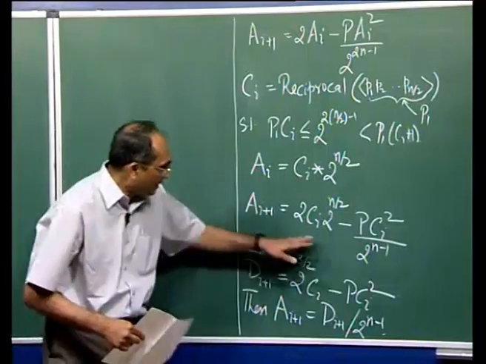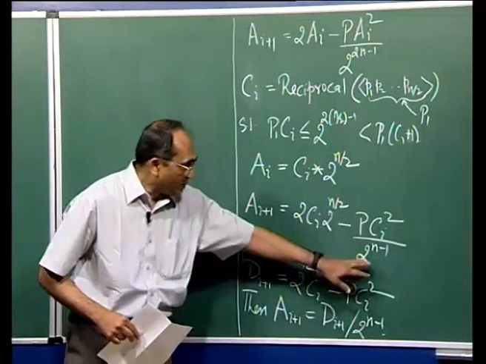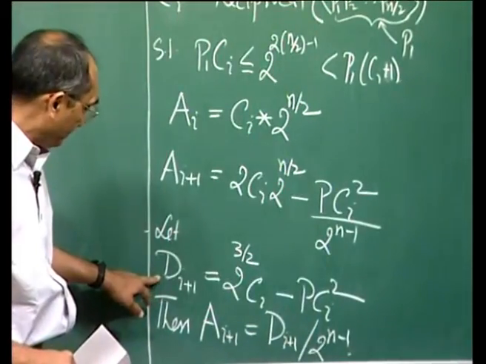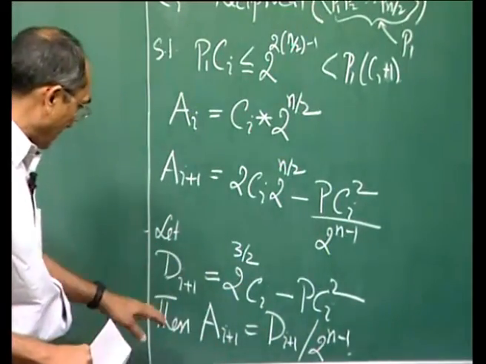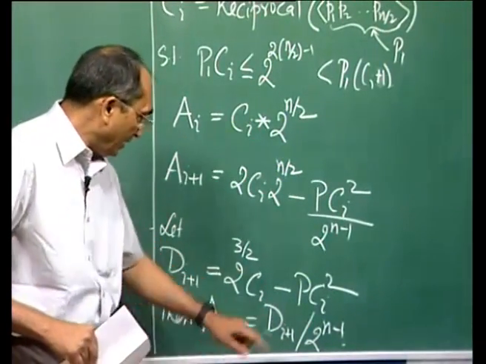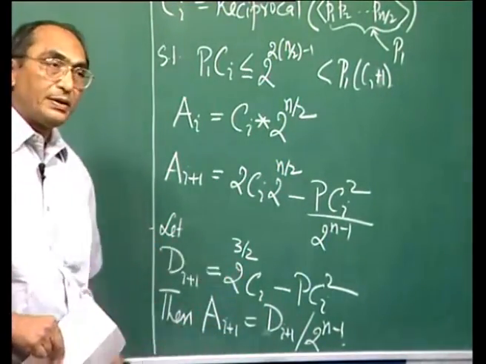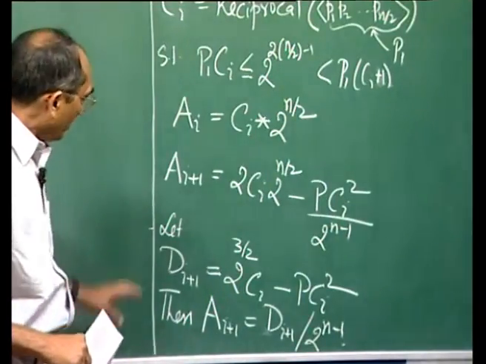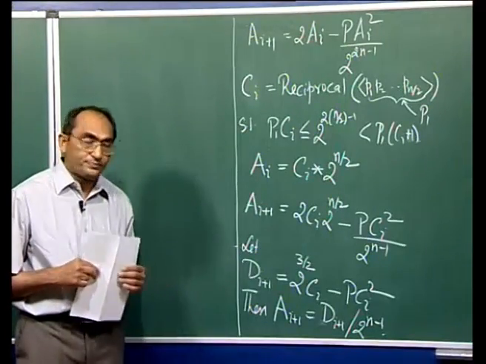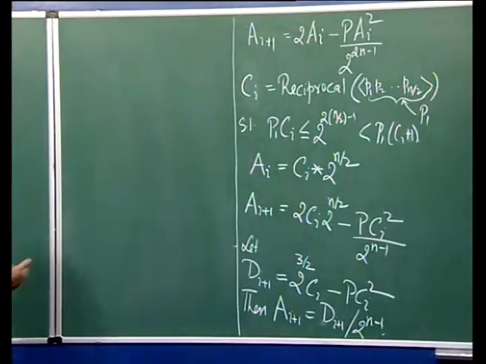It's just that I have multiplied the entire expression by 2^(n-1) to define d_{i+1}, and hence a_{i+1} is d_{i+1} divided by 2^(n-1). So now let's try to write this procedure, which is a very short one.